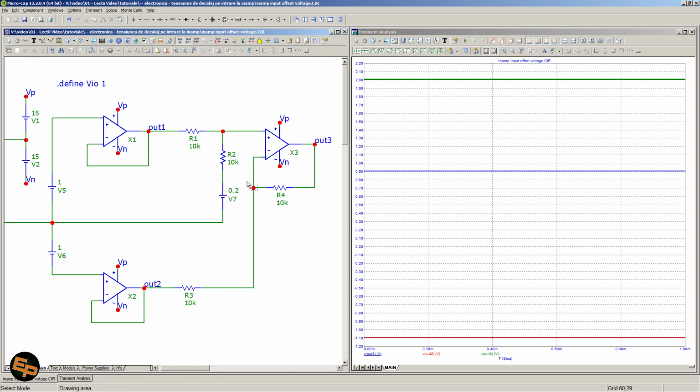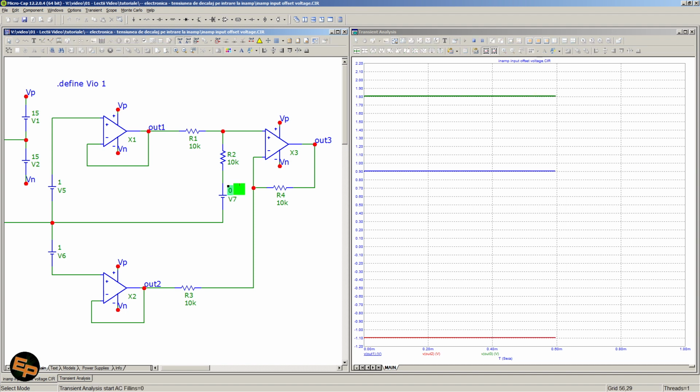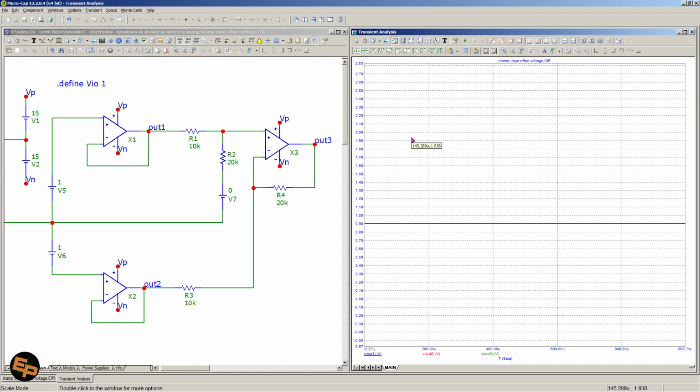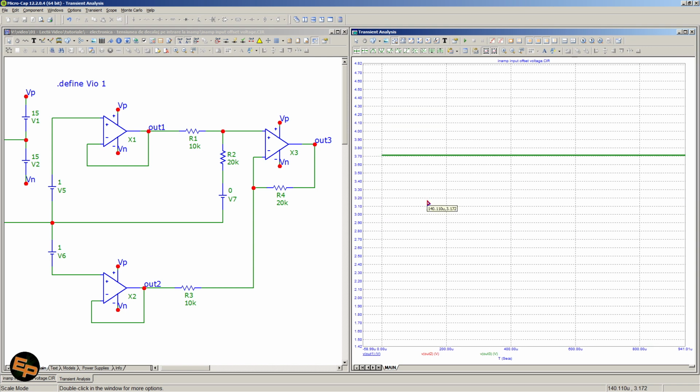Okay, and the same thing happens, let me make it 0 again, if we have a certain amplification factor, let's say an amplification factor of 2, by changing these two resistors. Normally we should have 4 volts on the output, because 2 volts on the input multiplied by an amplification factor of 2 equals 4 volts.